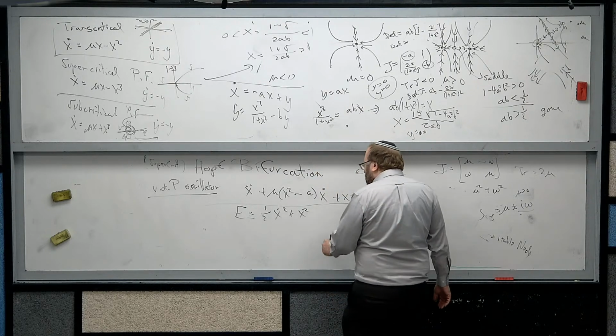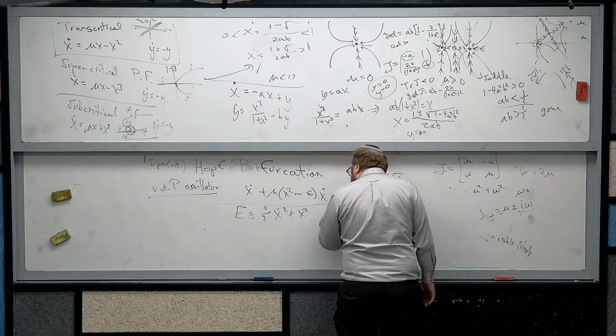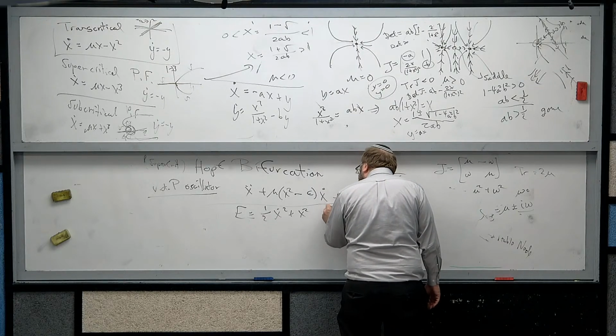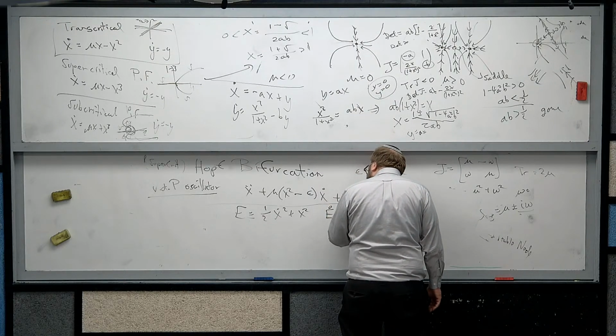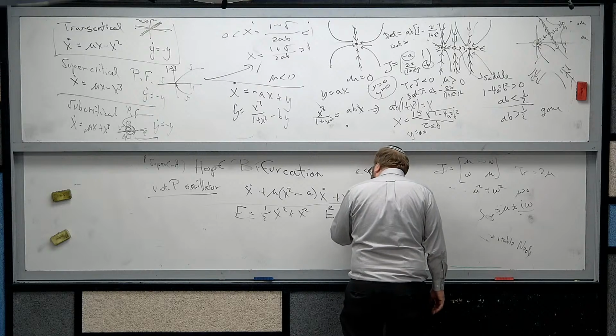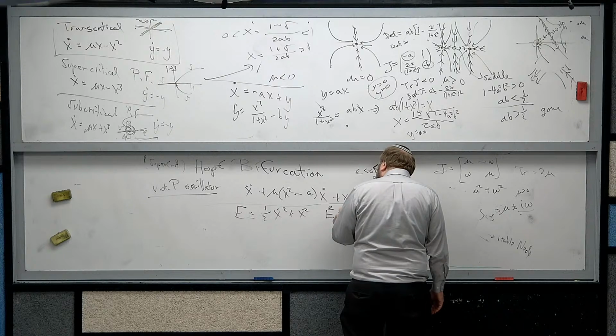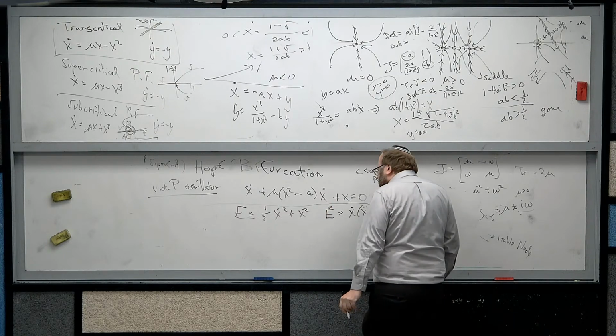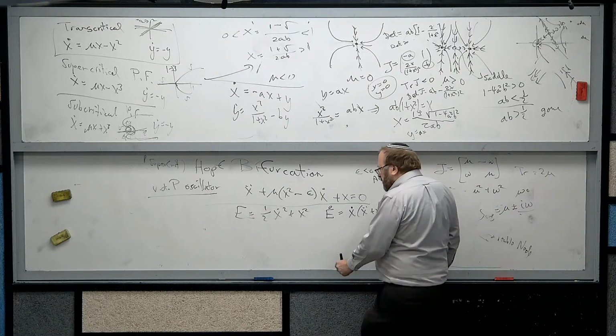All right, and then we said, okay, E dot. So E dot is x dot times x double dot plus x, like that, right? Because there's a half here.